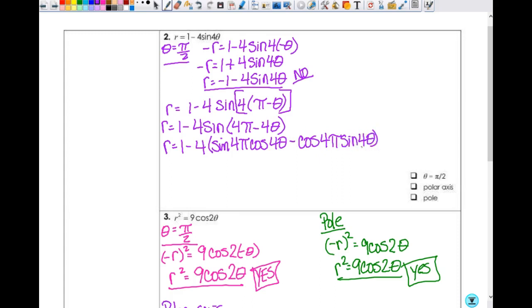Is that what y'all got? Sine of 4 pi cosine 4 theta minus cosine 4 pi sine 4 theta. We're good? Okay. So then r equals 1 minus 4 times.